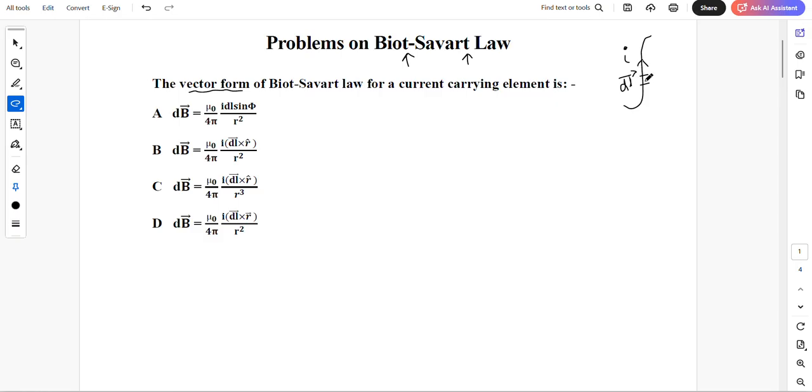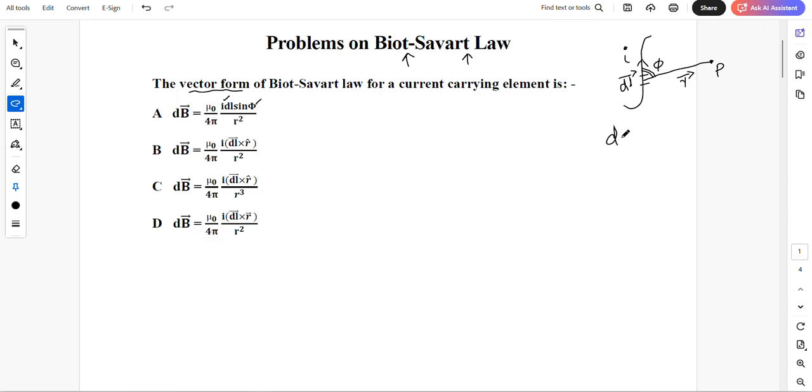I'm interested to find the magnetic field somewhere here at P. This r is the distance from P to this small current carrying element of length dl. This is the position vector, and phi is the angle between these two vectors, that is vector dl and vector r.